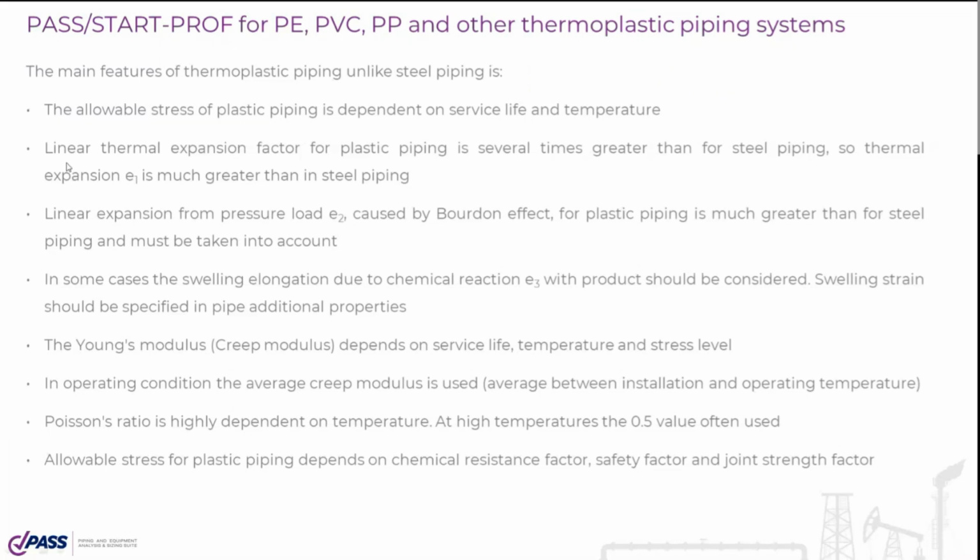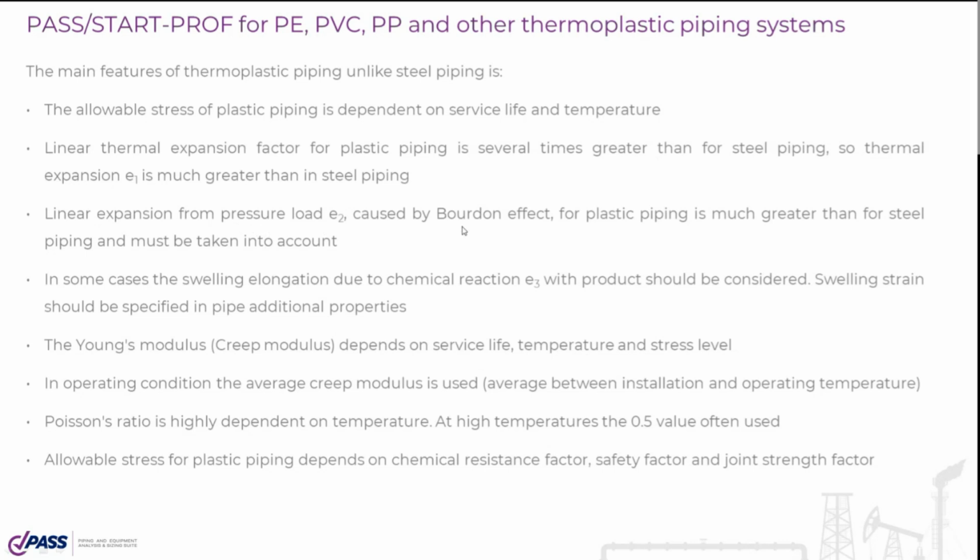The next is the thermal expansion factor for plastic piping systems. It's several times greater than for steel piping systems. For example, for HDPE, it's about 20 times greater. Also, linear expansion from the pressure load is significant for such piping systems.